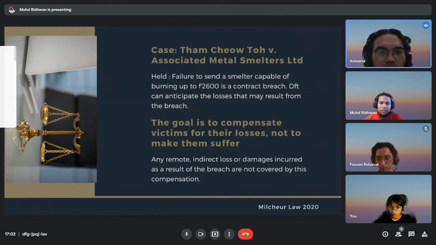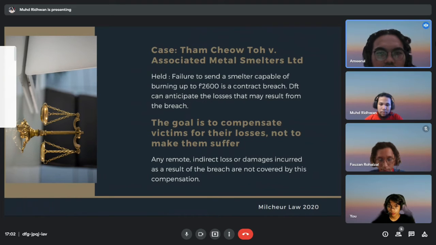So this is one of the cases, Tom Kyoto v Associated Metal Smelter Ltd. This case was held because the failure to send a smelter that is capable of burning up to 2600 Fahrenheit is a contract breach.